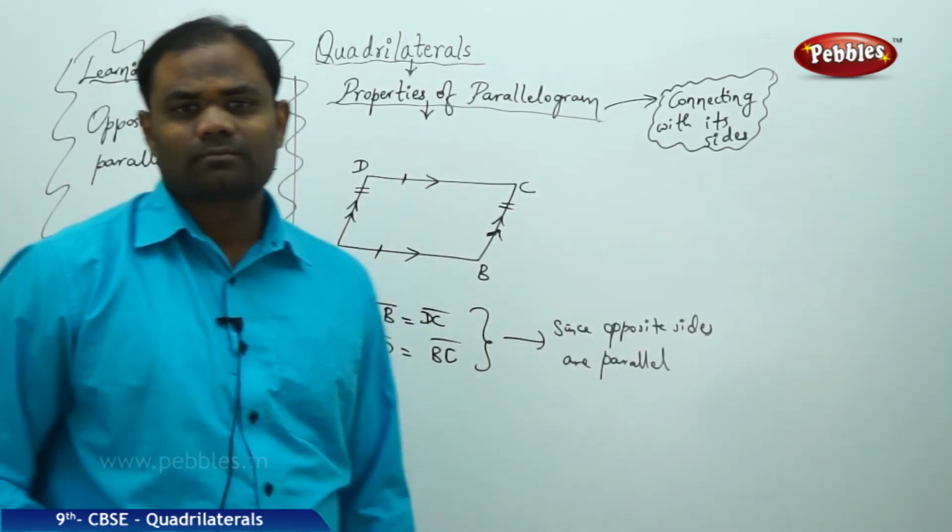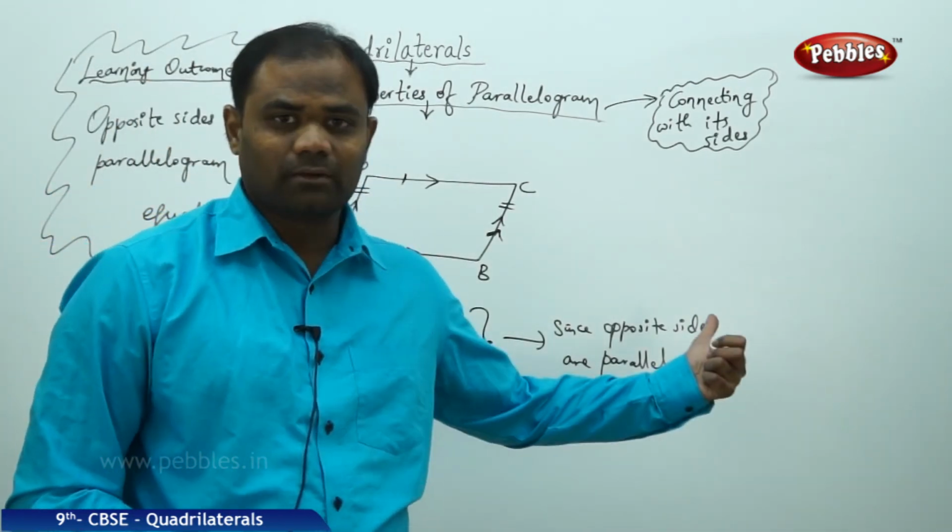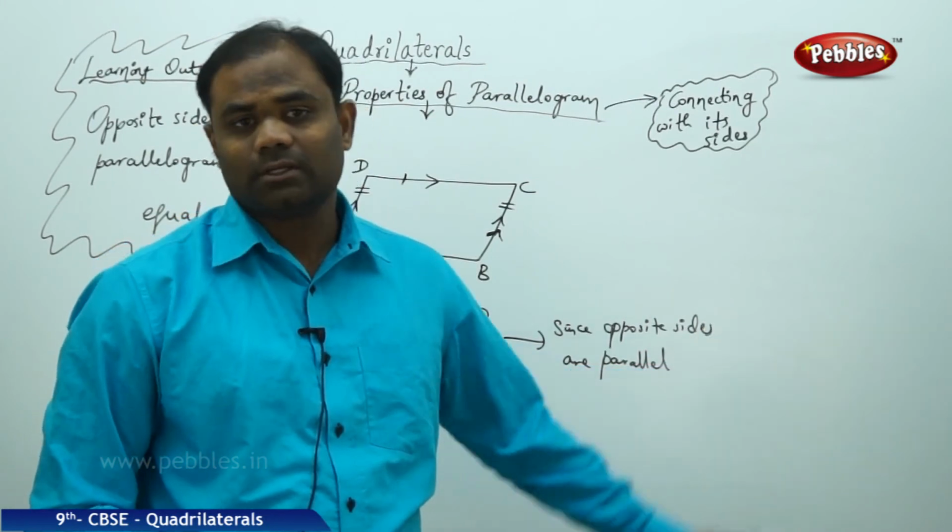Property number 2, opposite sides of a parallelogram are always equal.